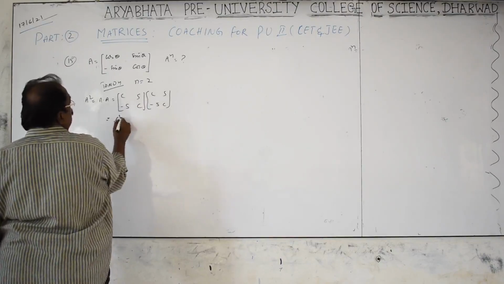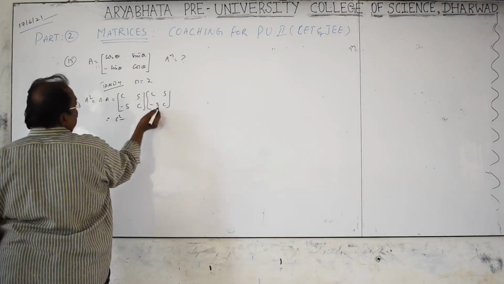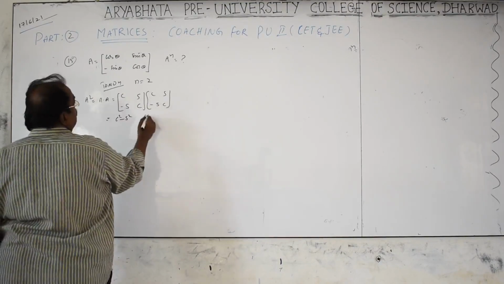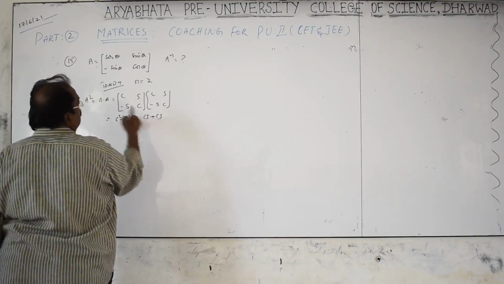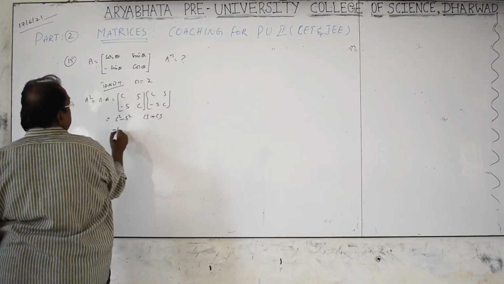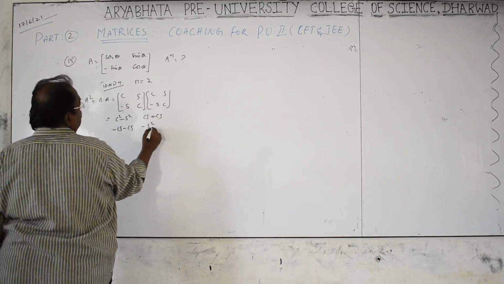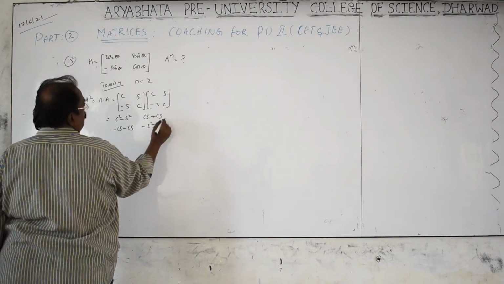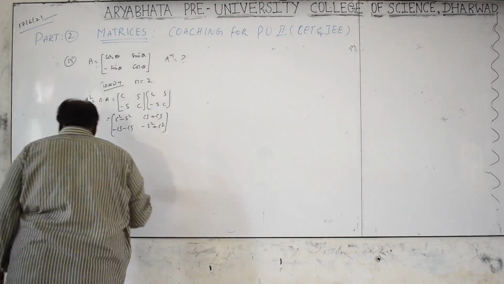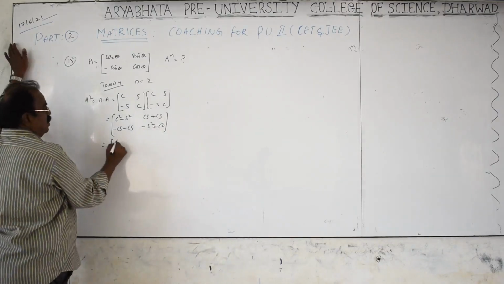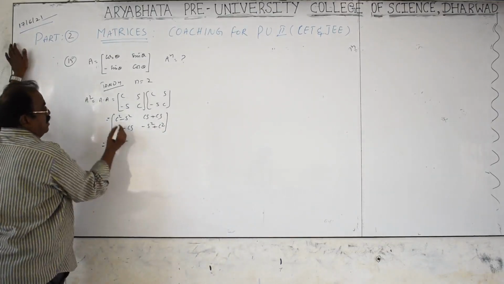The first entry is c square minus s square, that is cos square theta minus sin square theta.